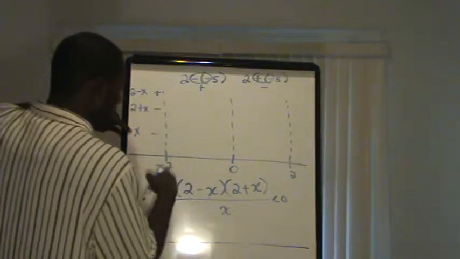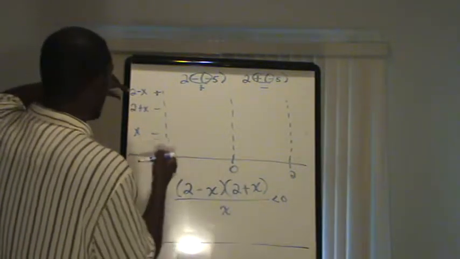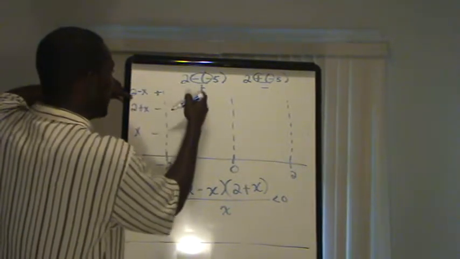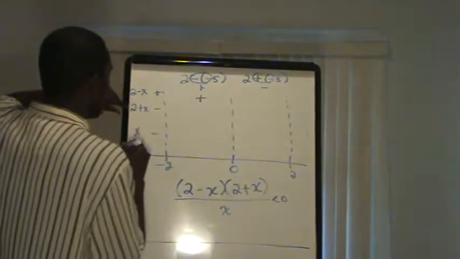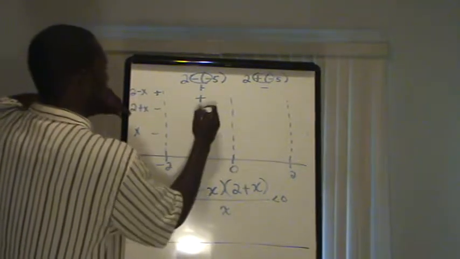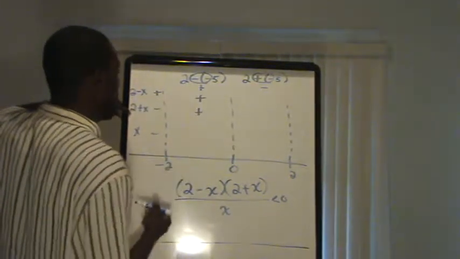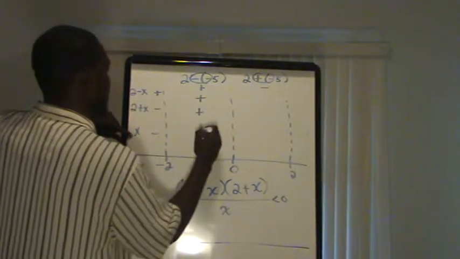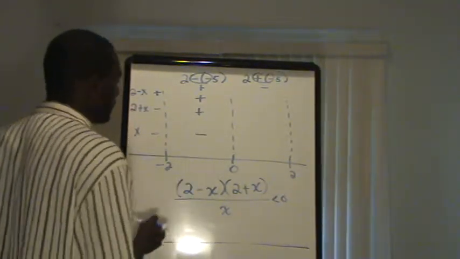A point between negative 2 and 0, like negative 1: 2 minus a negative 1 will be 2 plus 1, which is a positive answer. 2 plus a negative 1 would be 2 minus 1, which is positive. Since x is negative 1, it's negative.